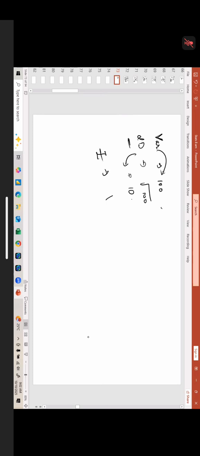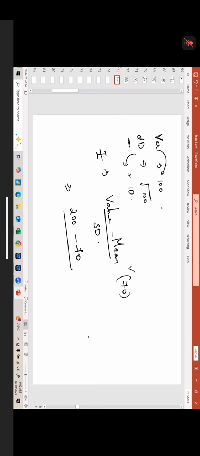Now the Z-score formula is value minus mean value divided by standard deviation. For example, our mean value is somewhere 70, and we are checking if 200 is an outlier or not. 200 minus 70 divided by 10 gives 13. So the Z score is 13.